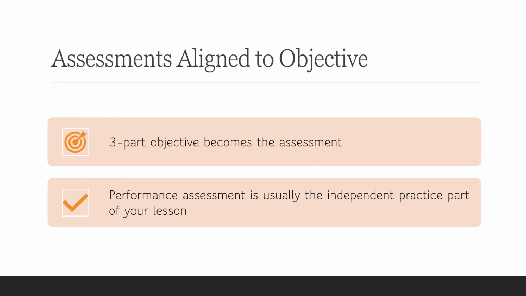So that's what I mean by the independent practice part of your lesson. When you write the lesson plans, this 3-part objective is going to show up as the independent practice part. So it's nice and tight. It shows up in the standard, it shows up in your 3-part objective, it shows up in the independent practice part of the lesson, and it will show up as your assessment.